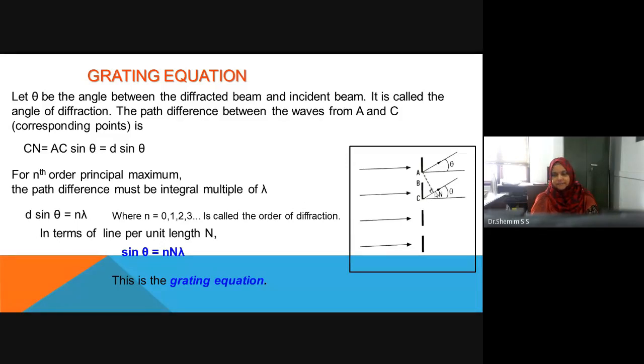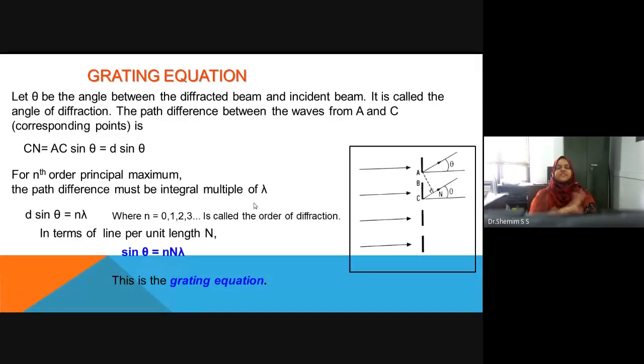What is Cn? Cn is the additional path traveled by the second ray. We are considering the first ray from A and the second ray from C. Then these two rays have a difference of Cn, so Cn is the path difference between these two rays. In order to get a principal maximum, the condition is that the path difference should be an integral multiple of lambda.